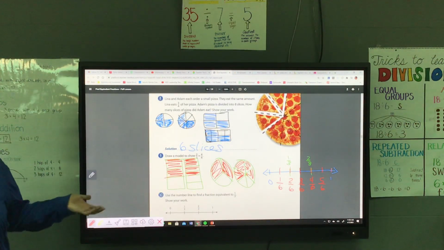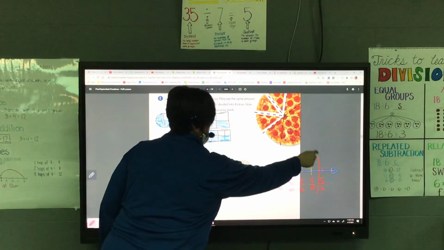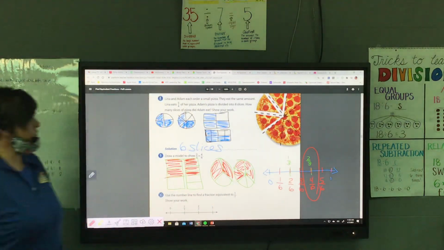Would a number line like that be okay to do to show that 2/3 is equal to 4/6?